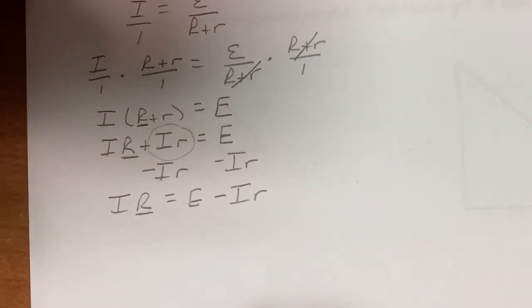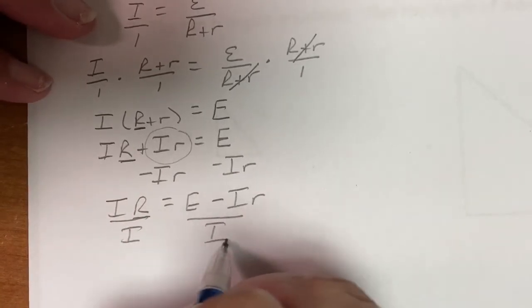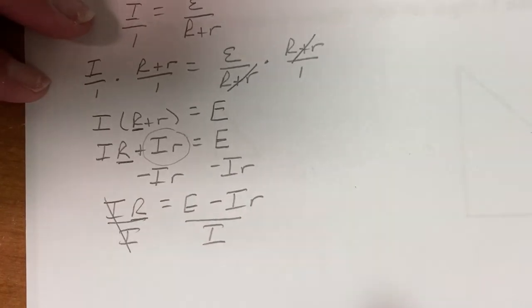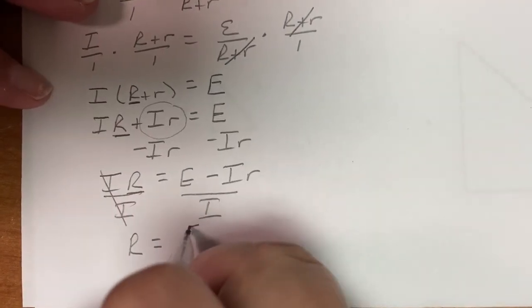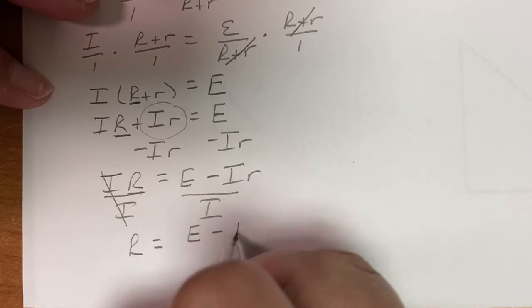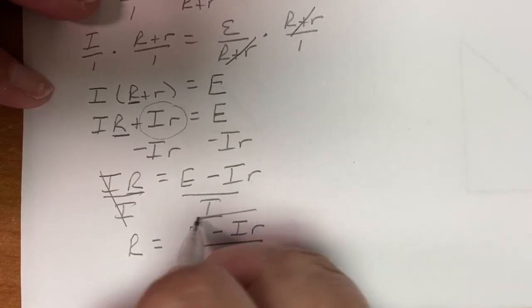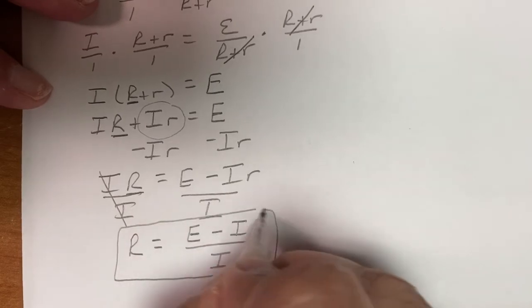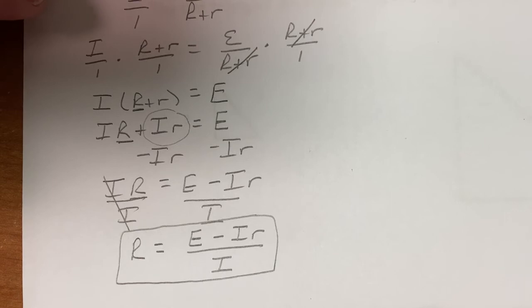Well, since it's being multiplied, I'm going to divide both sides of my equal sign by I. So these I's will cancel. Look what's left, just the big R, and that's going to be equal to E minus I little r over I. So your answers are going to be crazy looking rational expressions looking like that.